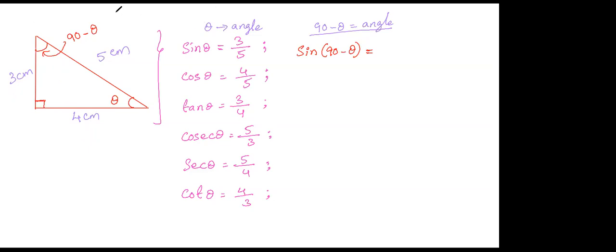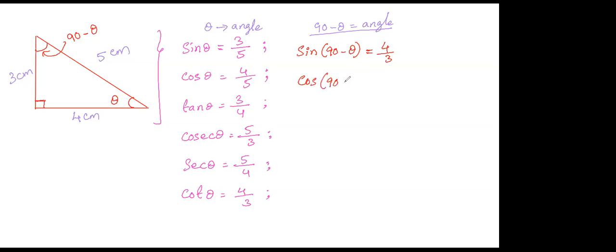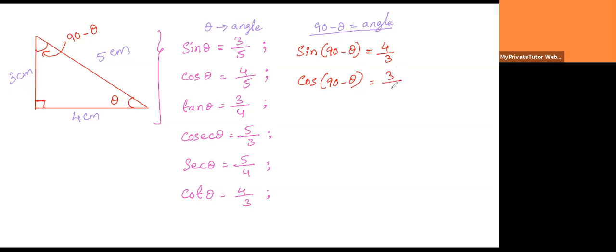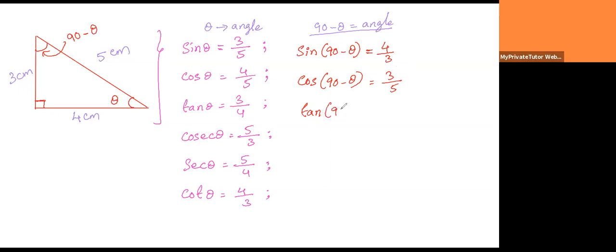It's 4/3. Excellent. What about cos? 3/5. So cos is adjacent over hypotenuse, 3/5. Tan 90 minus theta, 4/3. And finally, cosecant.